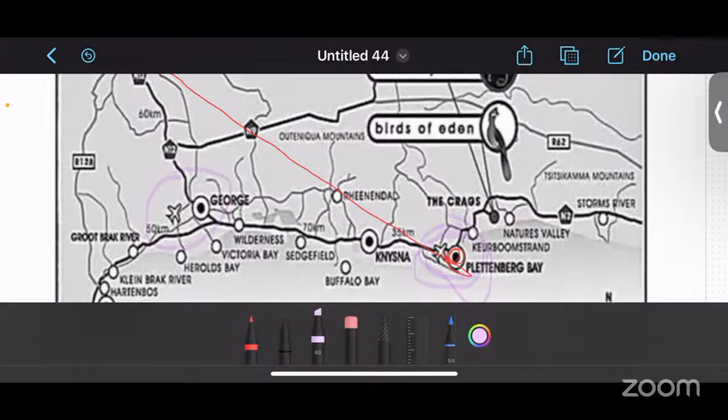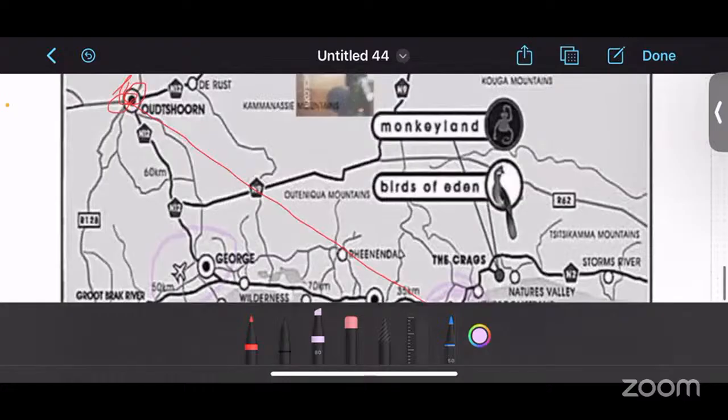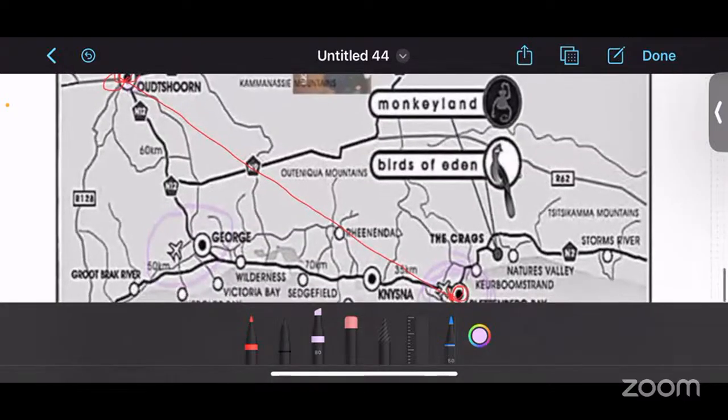Okay, guys. So for this one, it's not going to be 1/2 because do you see the distance from Oudtshoorn to here? Before they can randomly catch a flight, they have to travel from here to George.